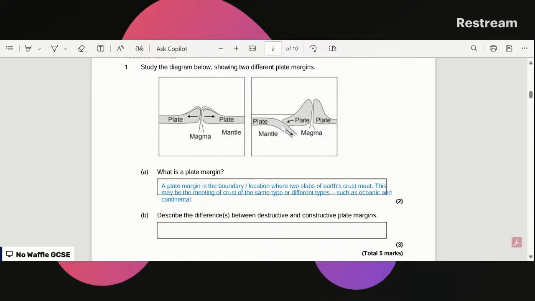Now, because of the different densities, one of the plates is going to go underneath another plate. Okay, and that will then cause earthquakes and volcanoes.